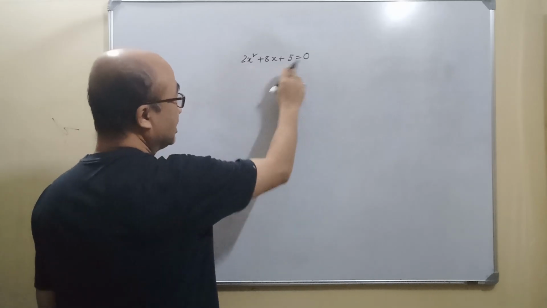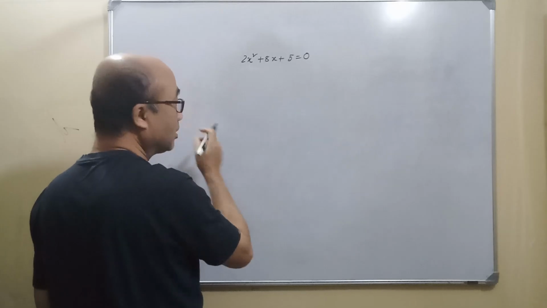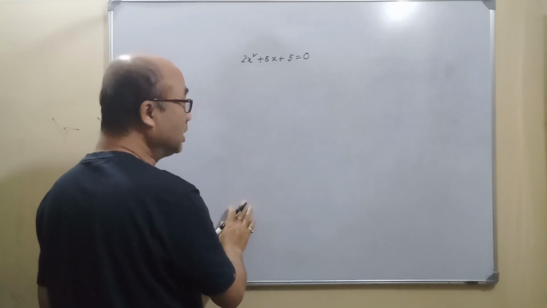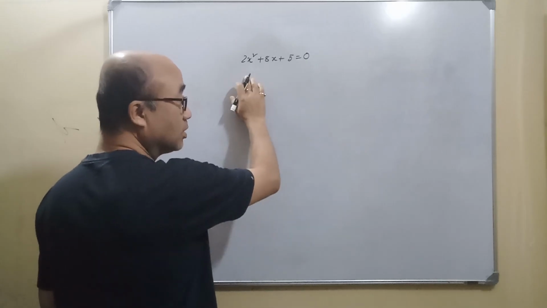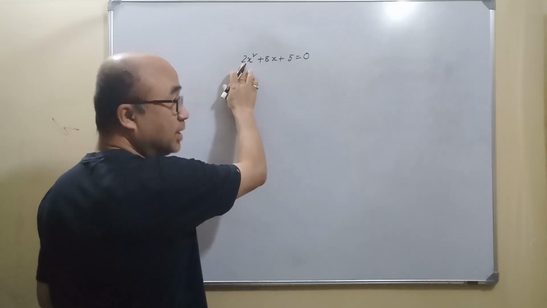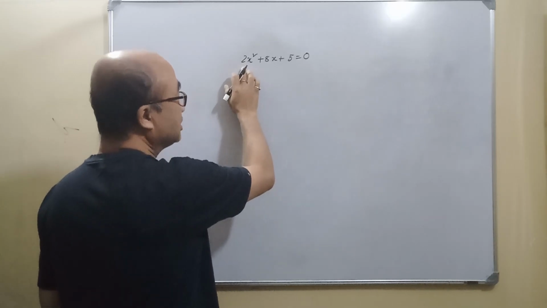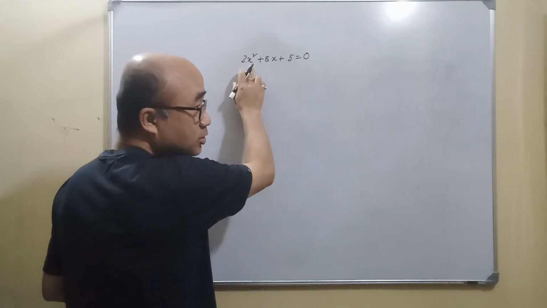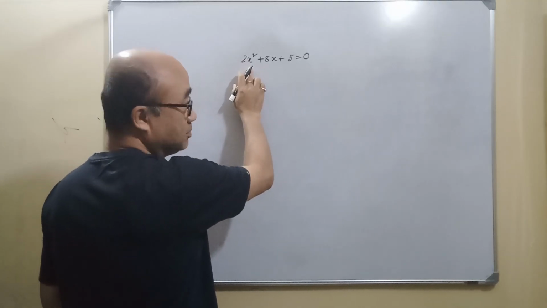So the first step for applying the completing the square method is to convert this coefficient to 1. So to do that we have to divide it by 2, then it becomes 1.